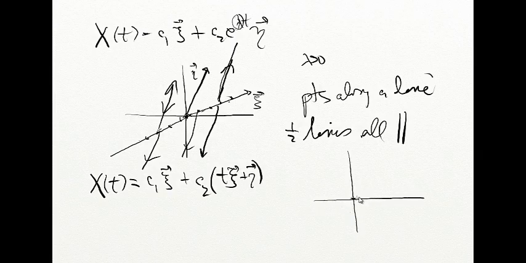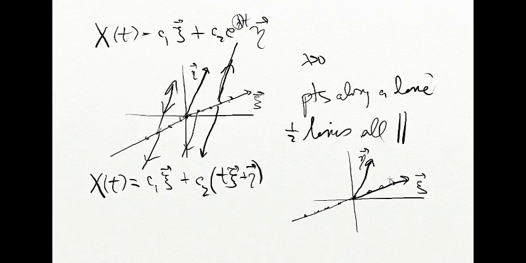So again, let's take xc here and eta here. And once again, if we start with c2 equals 0, we get all the points along the eigenvector xc. So every point on this line is a solution curve.